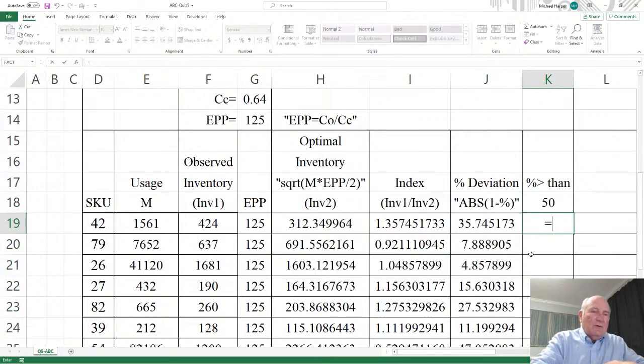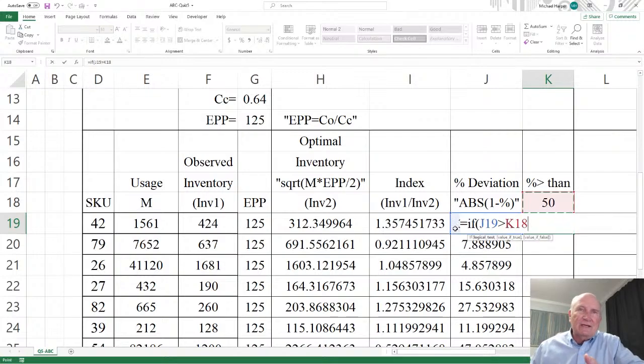I could have left that a decimal and put 0.5, but since the problem said 50%, let's use percentages here. If it's greater than that, I want to flag it. Let me say, is it greater than? I'll say yes. Otherwise, if that's not true, I'll just leave a blank.